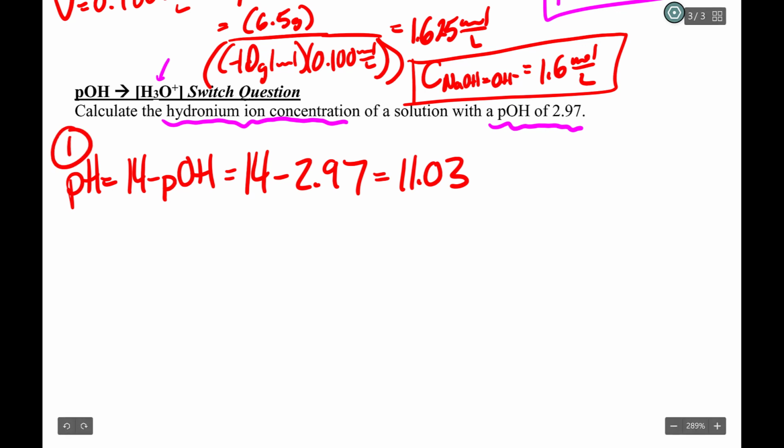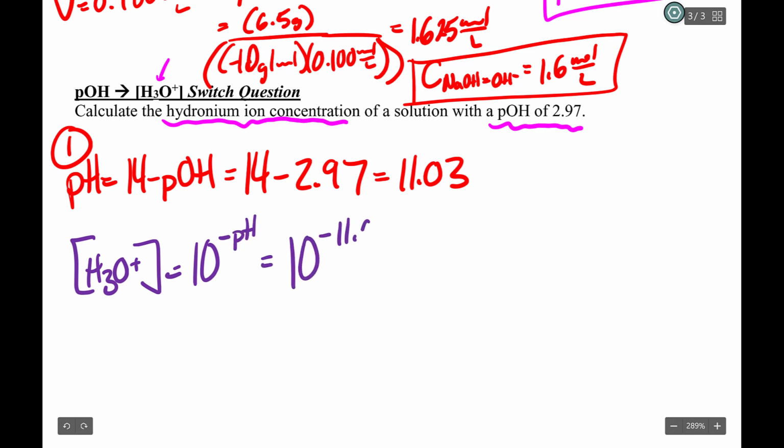Now, the second step, I can get the concentration of hydronium by taking 10 to the negative pH, which I just figured out, which is 10 to the negative 11.03. And when you put that in your calculator, you get 9.3325 times 10 to the negative 12 moles per liter for the hydronium ion concentration.